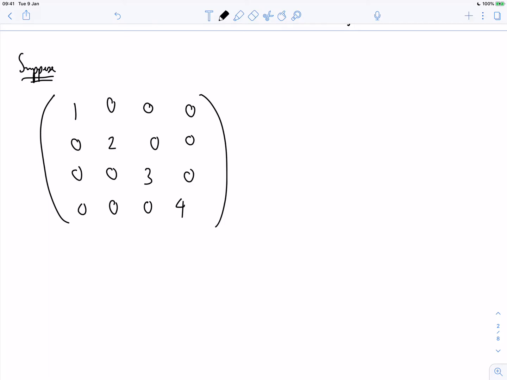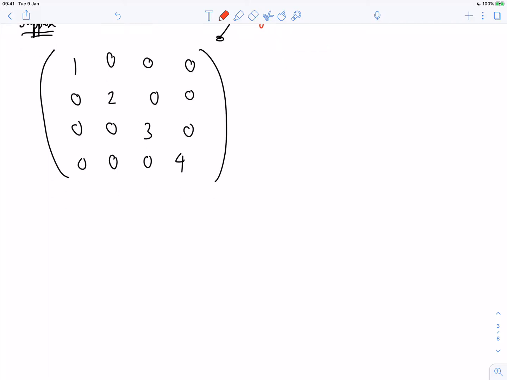When a matrix is like this, it's called a diagonal matrix. This is an example of a 4x4 diagonal matrix. A 2x2 diagonal matrix could be something like 10, 0, 0, 20. That would be a 2x2 example, and so on. You get it. The whole point is, along this diagonal, there are numbers.